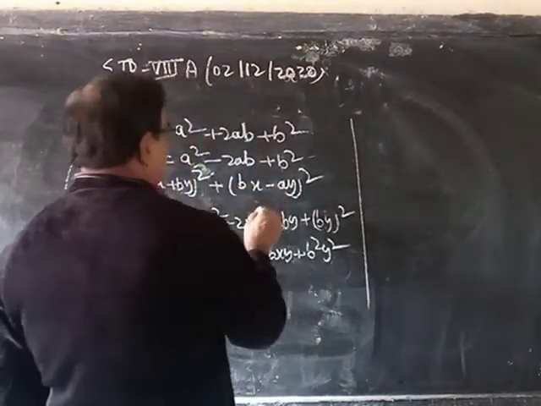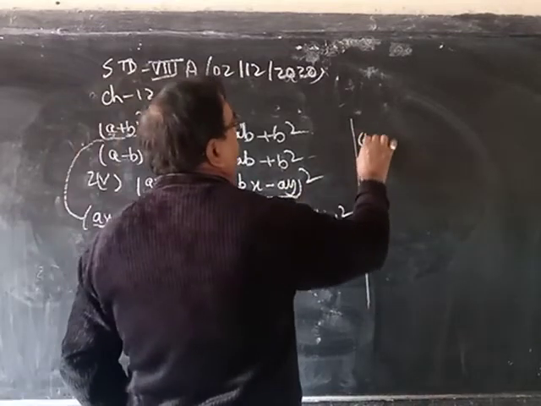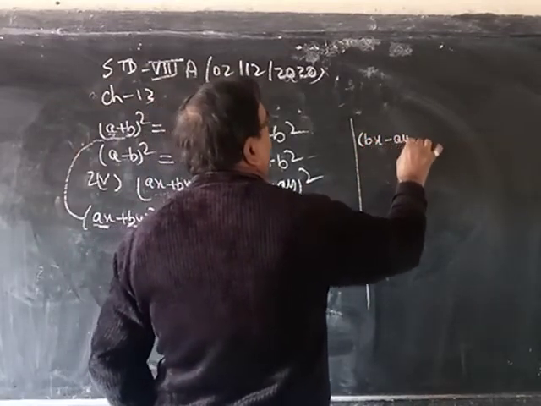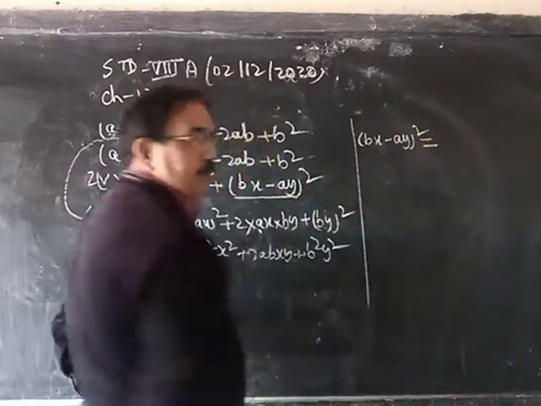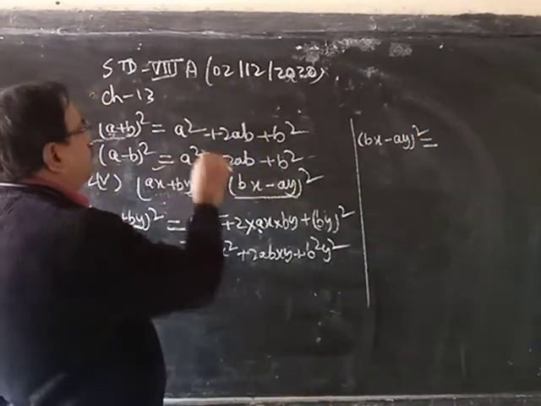Similarly, this one, bx minus ay whole squared, is based on this formula.